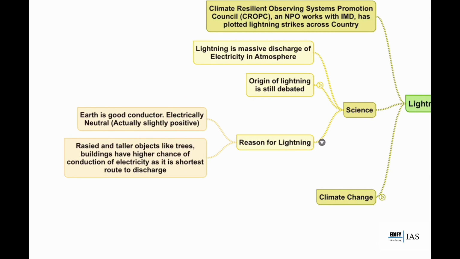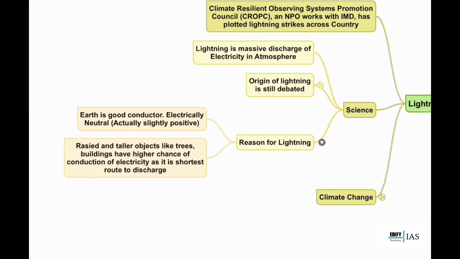If there is a raised or tall object on the earth, the lightning strikes this object first, because the distance between the earth and the lightning source is reduced because of this object. This object becomes a medium through which earth can absorb the lightning. So raised and taller objects like trees, buildings, etc. have a higher chance of conducting electricity, as it is the shortest route of discharge, right? I think that should make sense.